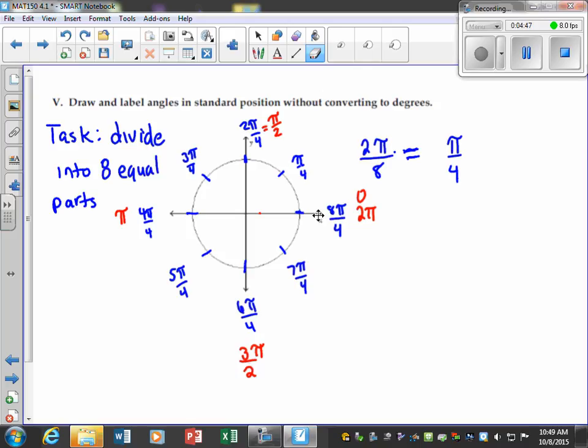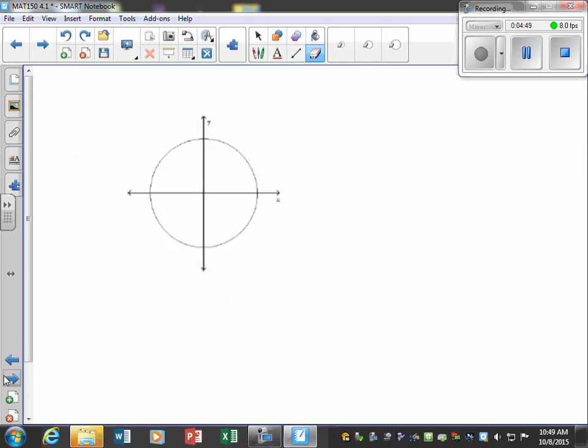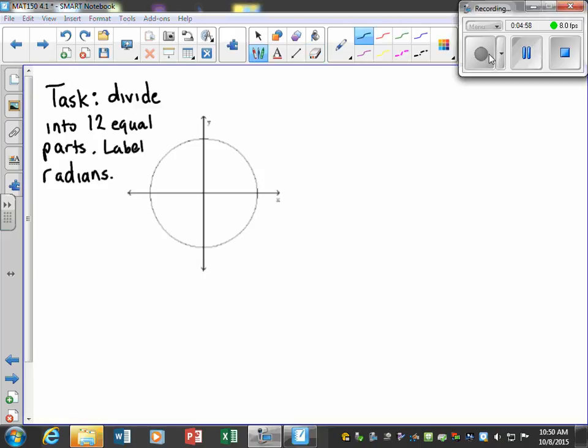Alright, the next thing I want you to do is a similar task. This time I want you to take this and divide it into 12 equal parts. Try this one by yourself and see how you do. Okay, so this is 12 equal tick marks all the way around, and if we take the entire circle, which is 2 pi, and divide it into 12 pieces, then each part is going to be pi over 6.